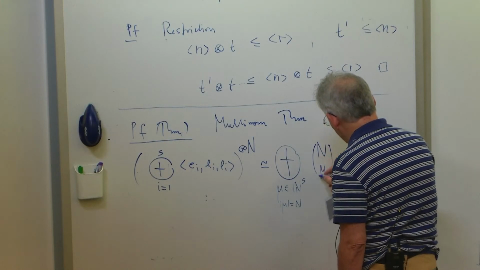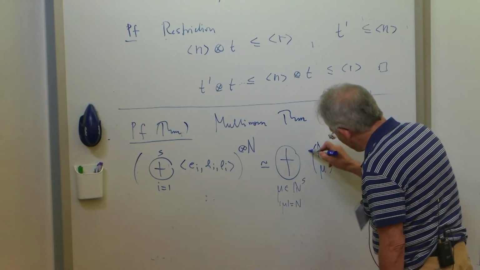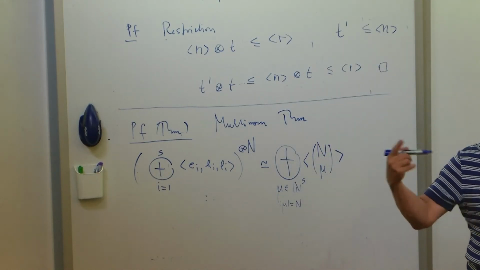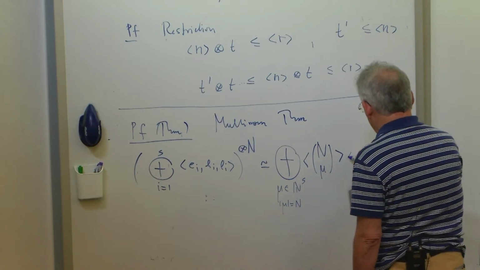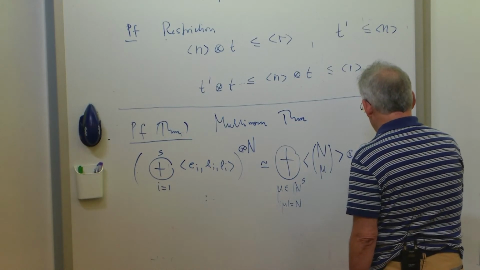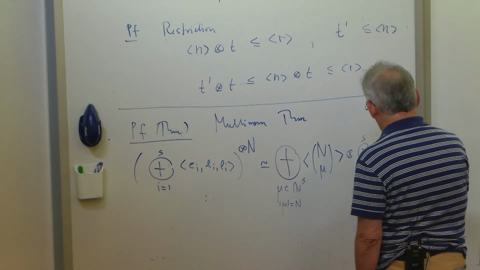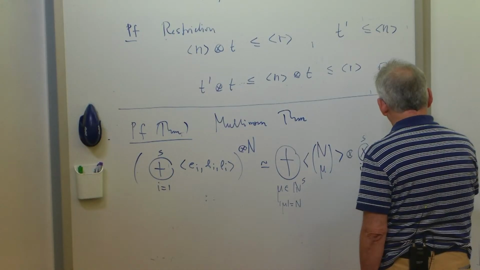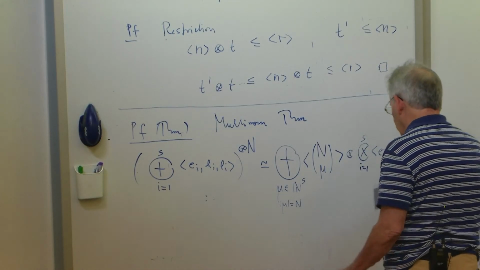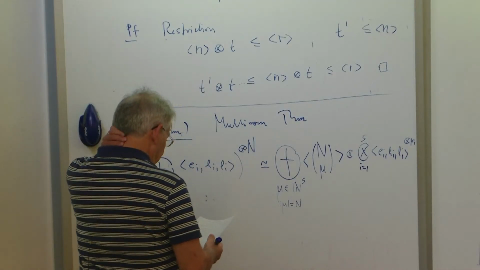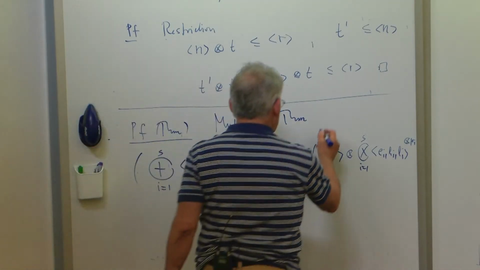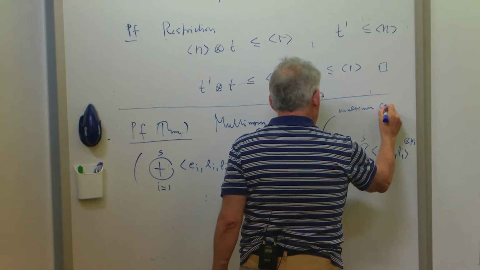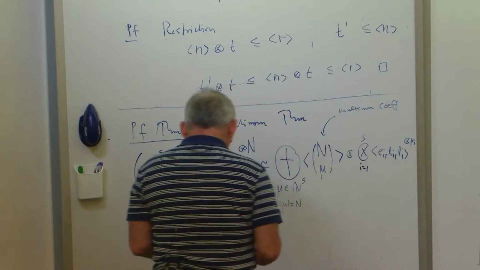That's a natural number, but I interpret it in my ring. And then I have this tensor product. It's important that it is commutative, of course, otherwise I couldn't do this. It's the multinomial theorem. This is the multinomial coefficient. It's important in what follows.